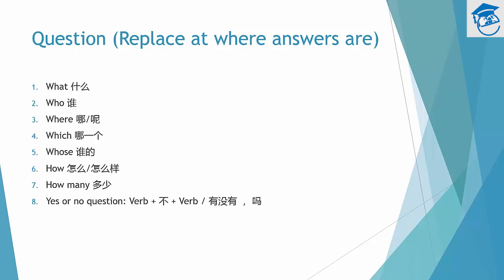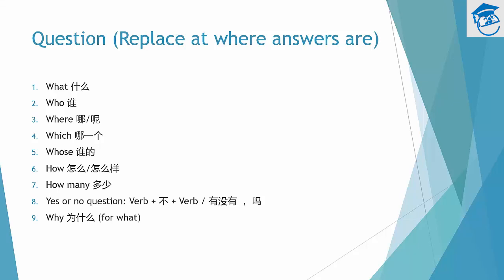Next one, why? I haven't told you that because the answers will involve "because", and "because" is a conjunction, which will be a lot more difficult to learn. For now, I just want you to learn simple structures and expand vocabulary. When you are ready, I will introduce more.